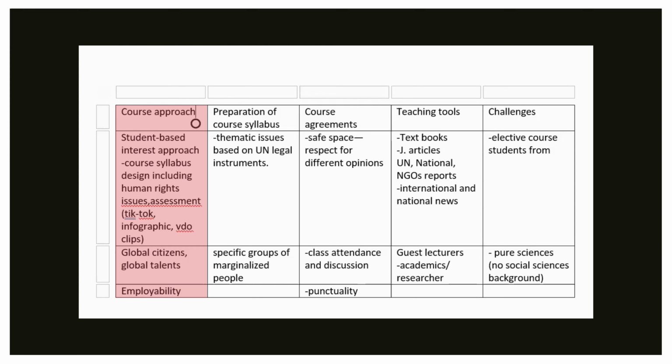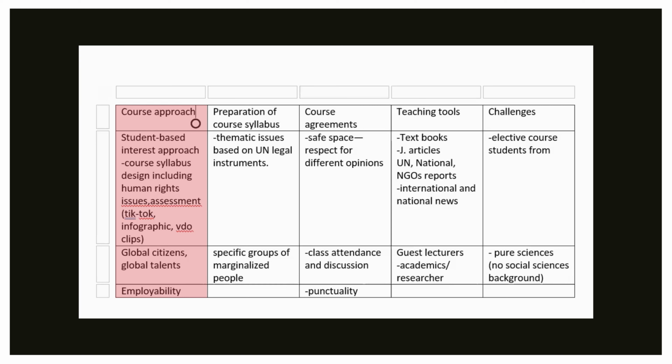And for the course syllabus, I tend to invite students to really design it with me, including the human rights issues and particularly the assessment, because it's an elective course. So they tend to be concerned about the grade. That's why they normally come to take this course.